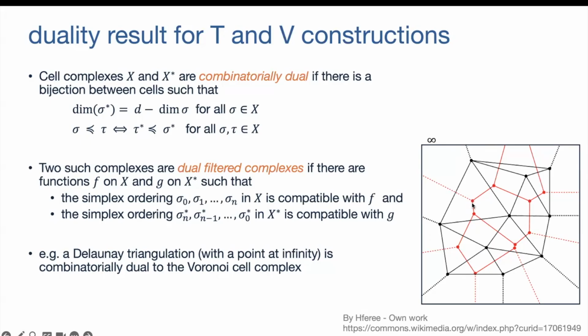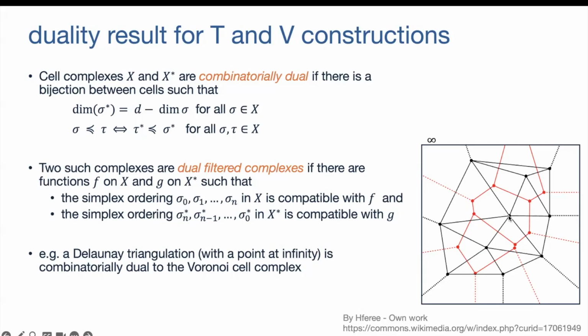So you can think about the Voronoi cells as partitioning the plane in one way and the Delaunay triangulation partitioning the plane in another way. And they are combinatorially dual in the sense that every triangle corresponds to a vertex in the Voronoi. For every edge, there's a dual edge. And for every Voronoi face patch here, I have a corresponding Delaunay vertex.